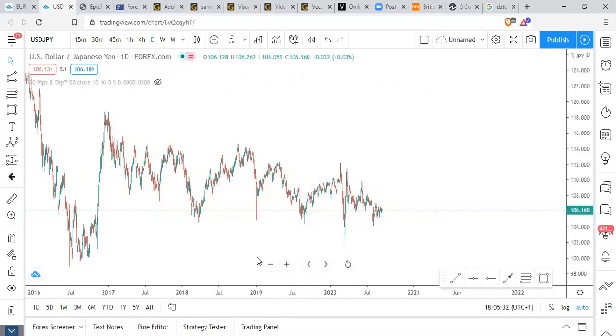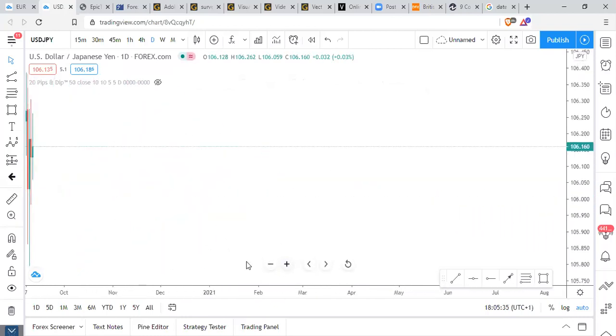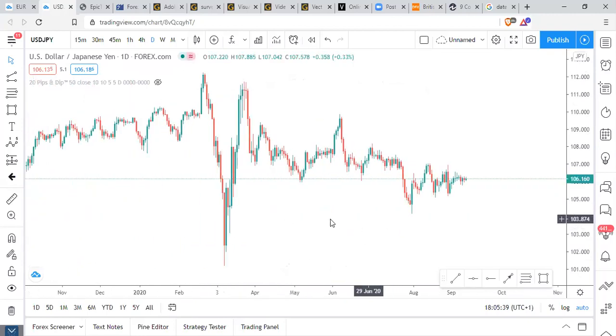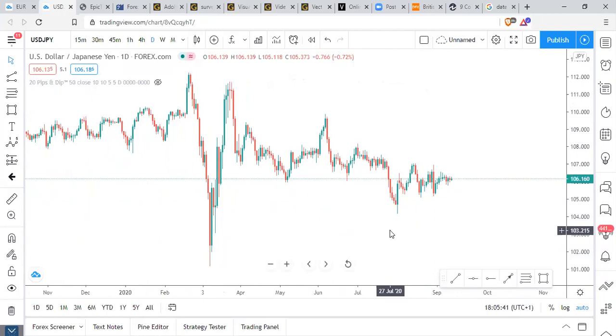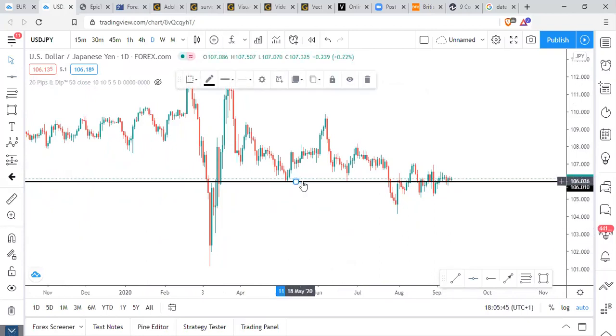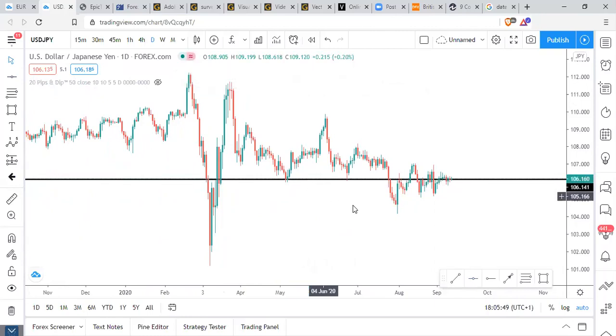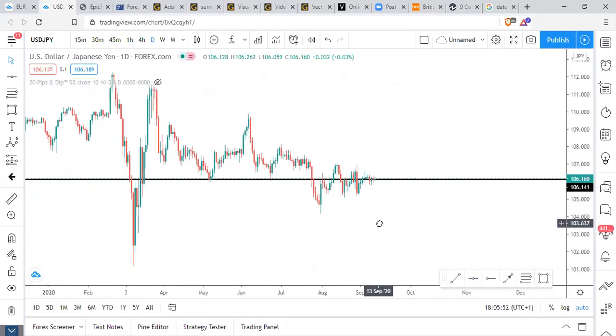Let me zoom in. Right here, look at this now. This is why I won't trade this market. Price is currently at that level. Let me show you guys something else.